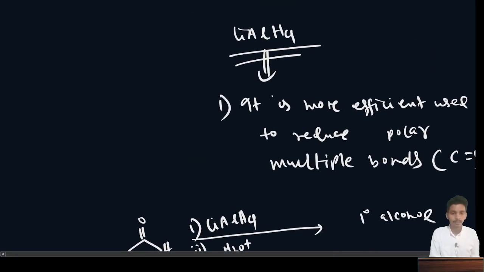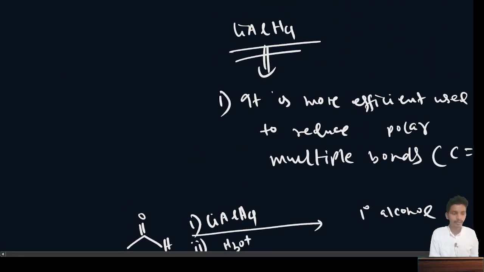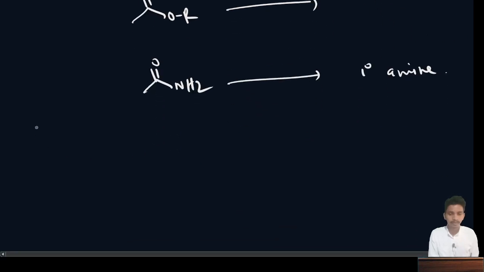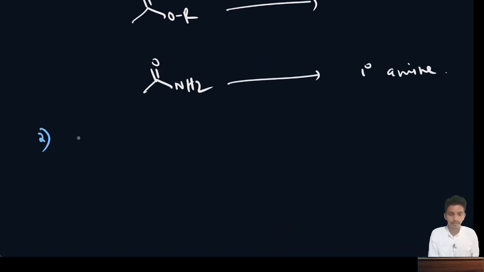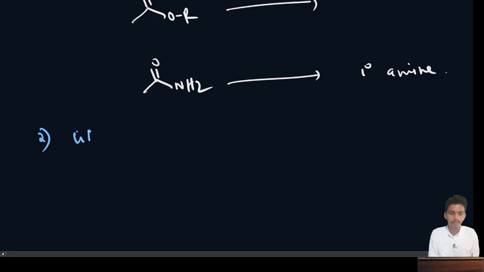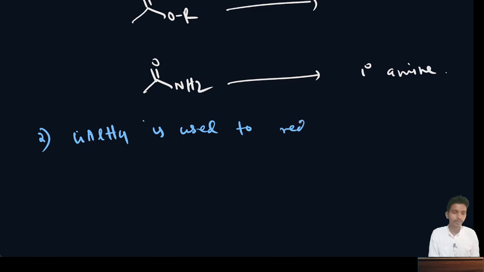Okay, now let's say this is the case for carbonyl groups. Now simply, lithium aluminum hydride is used to reduce polar bonds.